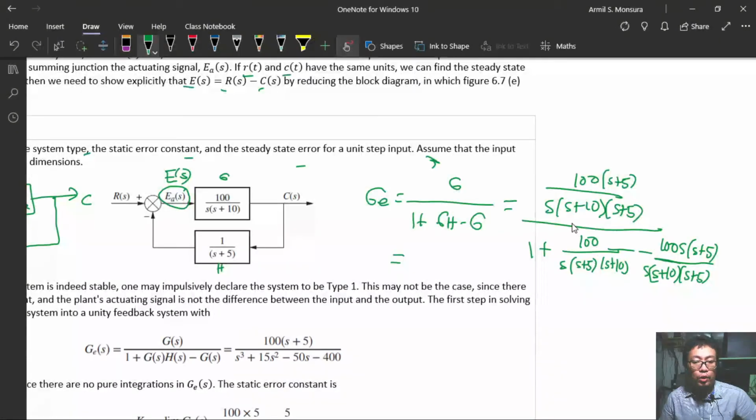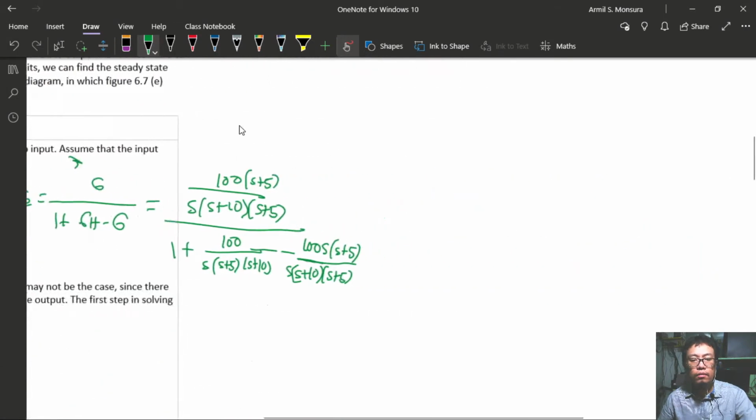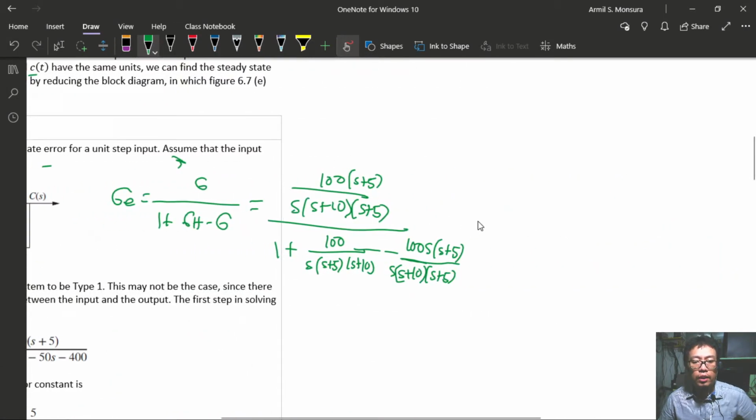Which would cancel this numerator. So, we will have the equivalent transfer function, okay, as this should be equal to yung numerator nyo is simply 100 over S plus 5 na.